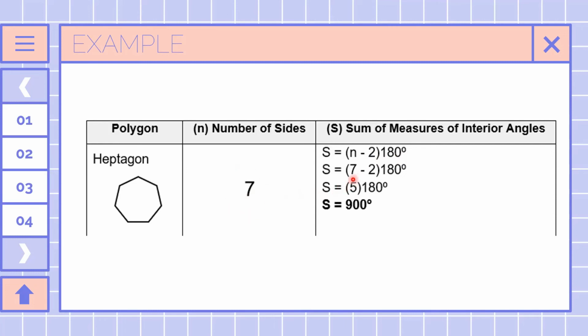Right? So, 7 minus 2 times 180 degrees. We subtract 2 from 7, so we have 5. After that, we multiply 5 by 180 degrees. So, the sum of the measures of interior angles of our heptagon is equal to 900 degrees. Understood? Opo, understood, ma'am. Okay, very good.